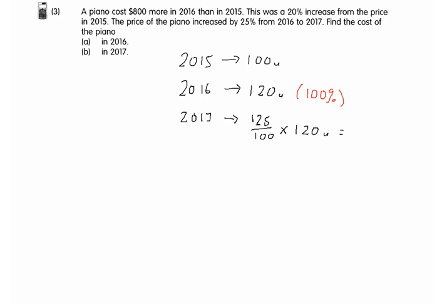So, to find that 1%, I need to use 120U over 100, right? Correct or wrong? Then I want to find my 125%, which is 120U over 100 times 125, right? Correct? Yes?